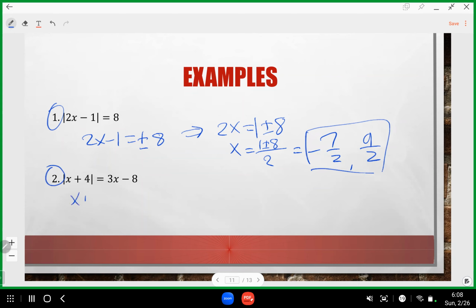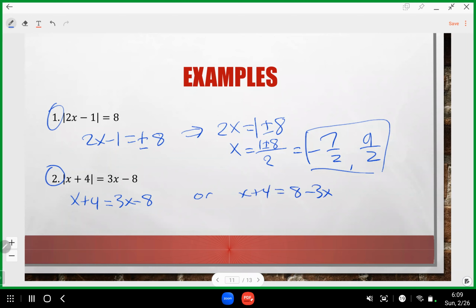So this just means x plus 4 is equal to 3x minus 8, or x plus 4 equals negative 3x plus 8. And then after that, we add 4, subtract 4 to both of the sides.